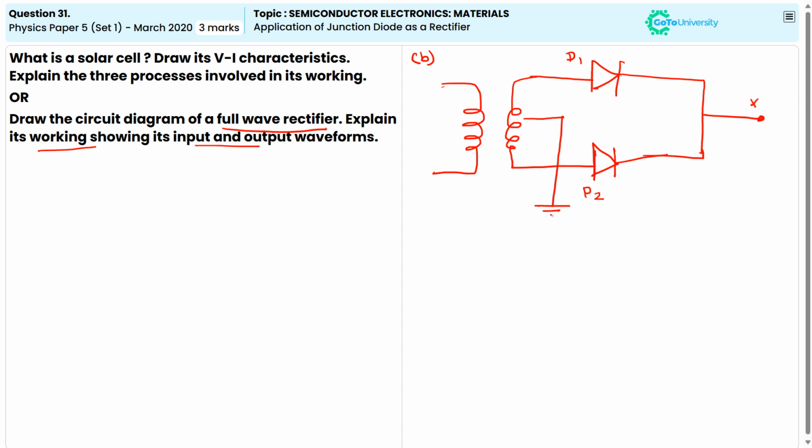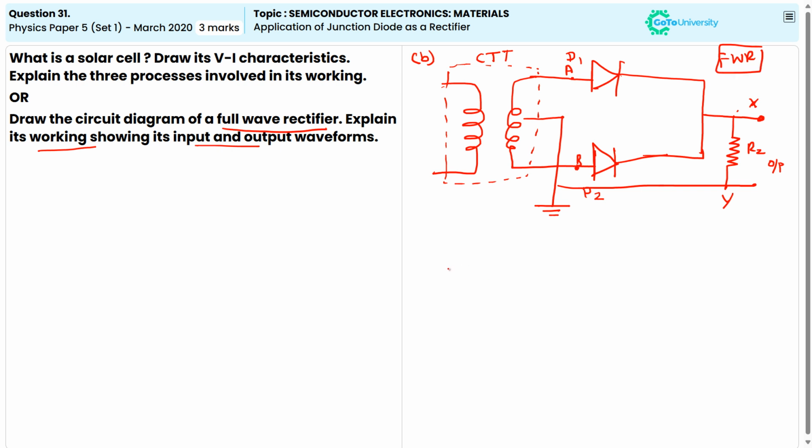From here we get the output across RL, which is the output, and let us take this point as X and this as Y. Here we have the points A and B. This is the center tapped transformer, CTT. So this is the circuit diagram of a full wave rectifier.